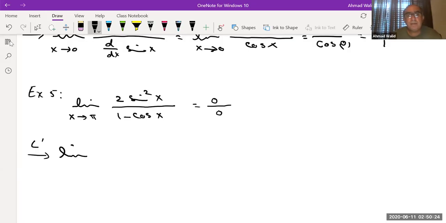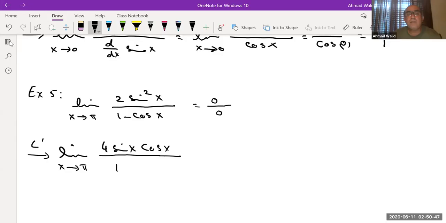Limit. This time I will not write the notation. x approaching pi. The derivative of the numerator. You see here you have to use the chain rule. 2 times 2 gives you 4 sine x times the derivative of the inside. The derivative of sine x is cosine x.